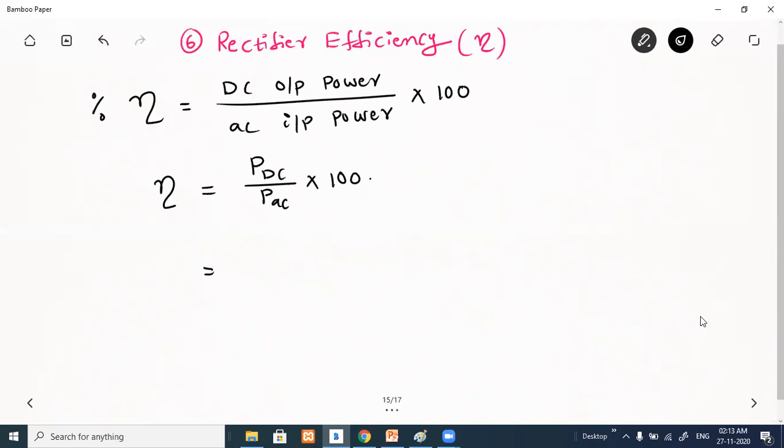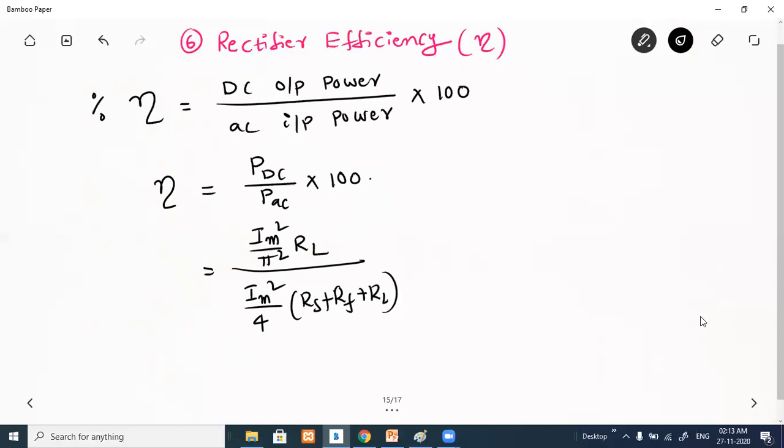So here I'm assuming PDC in terms of Im, which is equal to Im square by pi square into RL, divided by PAC in terms of Im, which is Im square by 4 into Rs plus Rf plus RL. Here Im square and Im square cancel out.